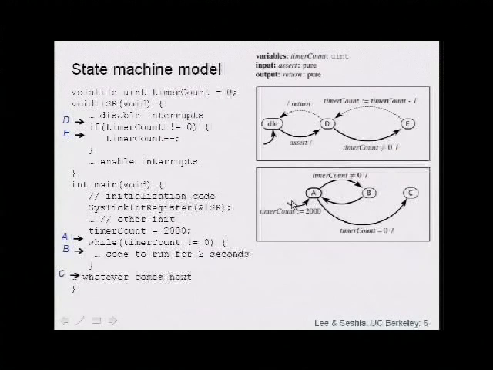Okay, so let's look at the main function first. We're neglecting all the initialization code, and we start here essentially. For our purposes, let the main function start at location A, and it starts with setting timer_count to 2000. Then from A it tests the condition of the while loop: is timer_count not equal to 0?